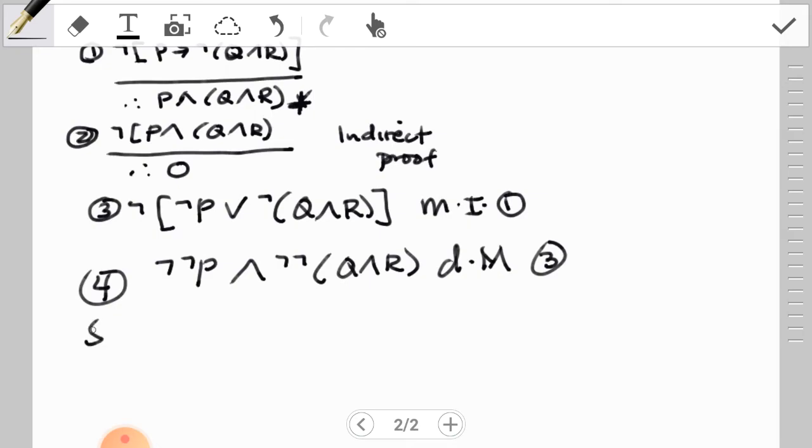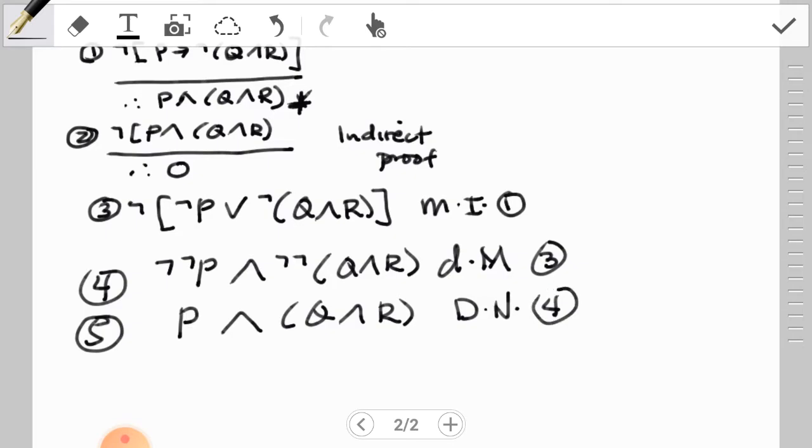Then by double negation, we have P and Q and R. Double negation of line number 4.